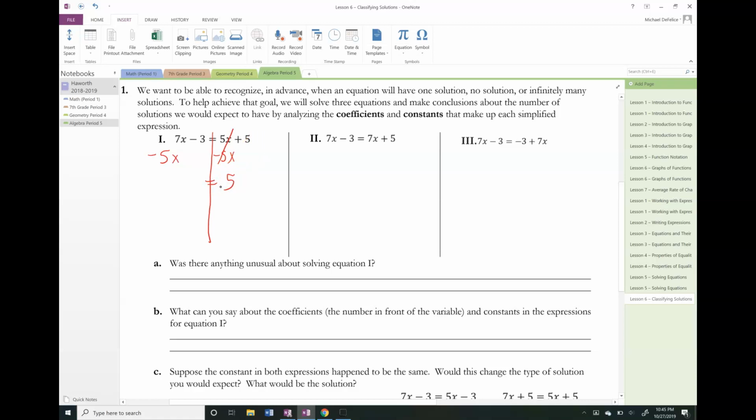On the left-hand side, I have 7x minus 5x, which is 2x, minus 3. Then I'm going to use the addition property and add 3 to make my 0. This will be 2x equals 8, and by inspection, x equals 4.